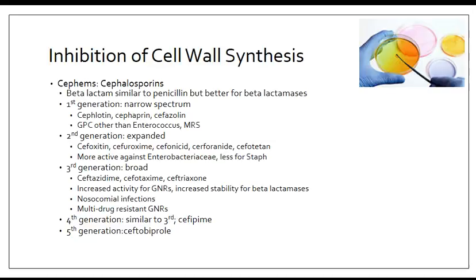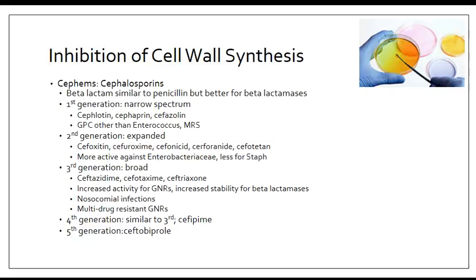The first generation is a narrow spectrum. That means that it's only used for certain select organisms. The ones that are in that group are listed there. You need to make sure you know those. They are for gram-positive cocci, but not Enterococcus and MRSA.